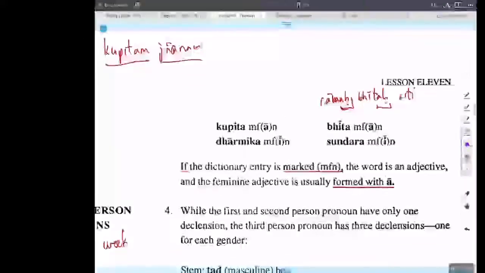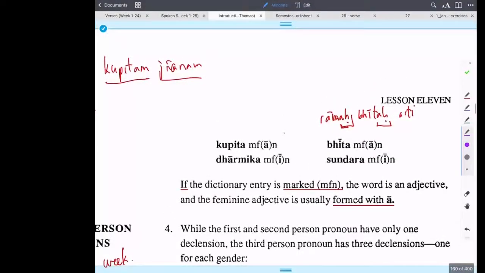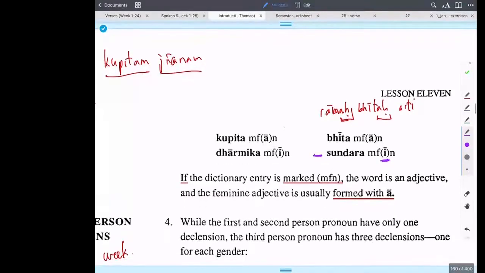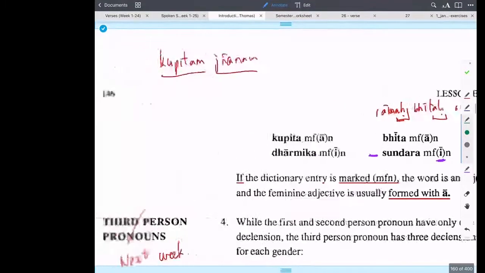Now, what if I say beautiful Sita? Careful here. The dictionary tells you it's a long i. Sita sundari asti. Good. In other words, Sita is beautiful. Sundari asti. Let's put a summary to this.